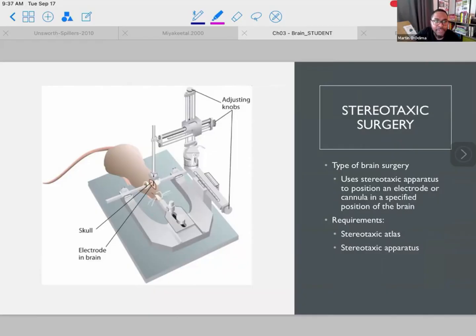It's a type of surgery that uses some kind of apparatus to position an electrode on part of the brain of the experimental animal. Requirements include a device called a stereotaxic atlas or a stereotaxic apparatus.